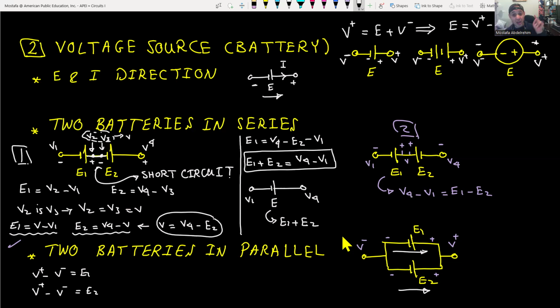If you find it, E1 and E2 must have the same voltage. E1 must be equal to E2. Otherwise, that's wrong.